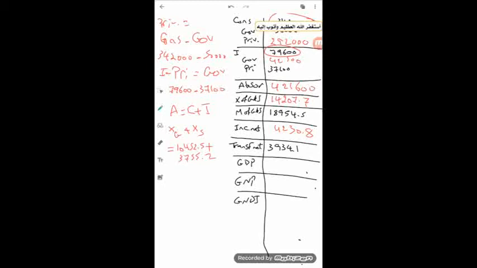Then you have to calculate GDP. As we said, GDP is calculated as C plus I plus X minus M. It will be 416,853.2.